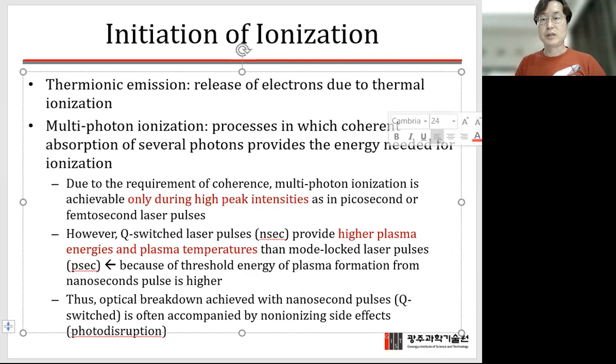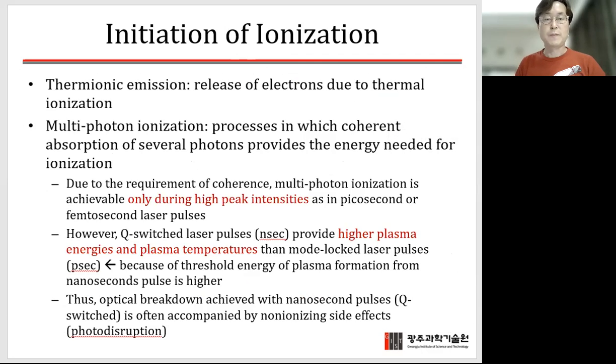So, initiation of ionization, let's look at this one. The thermionic emission is basically releasing electrons due to very high thermal energy. And multiphoton ionization happens when the coherent absorption of several photons occurs.